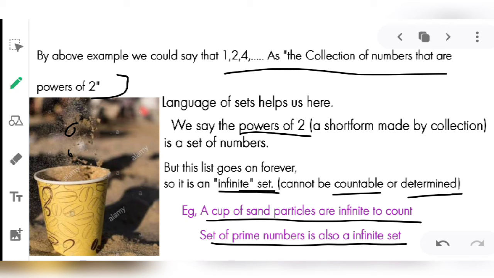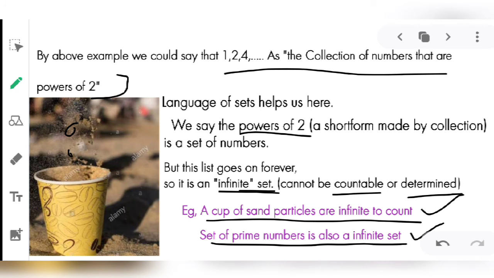So such kinds of prime numbers and sand particles are infinite sets. Not only these, but we have many infinite sets in our world and in our mathematics.